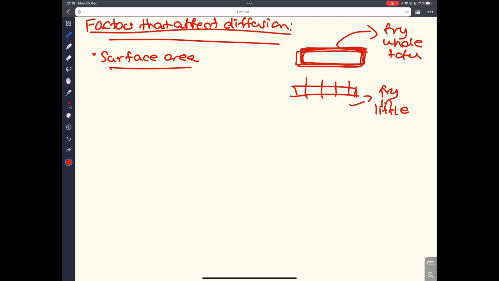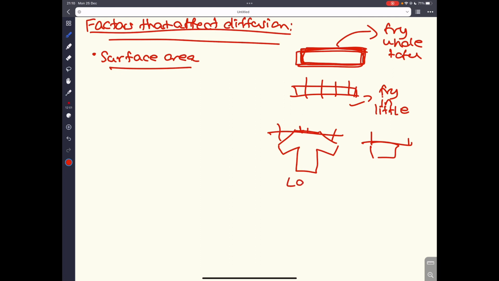A classic example of surface area is our clothes. When you hang your clothes to dry, you would often hang them out fully like this. You would not fold the clothes and then hang them out.